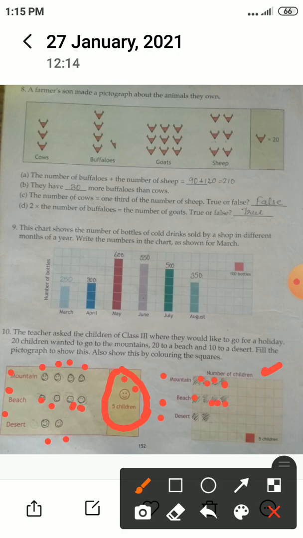And on desert 10 children wanted to go. So you have to color here 2 boxes, 2 squares. I hope you understood this one. And students, you have to do this unit in your books only, no need to write in copies.